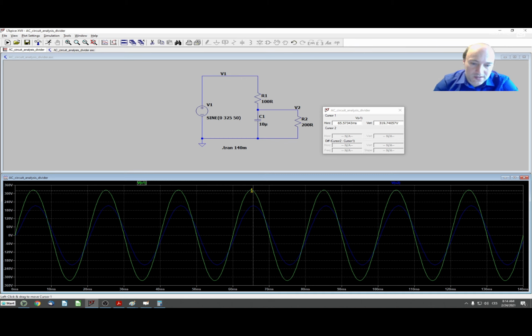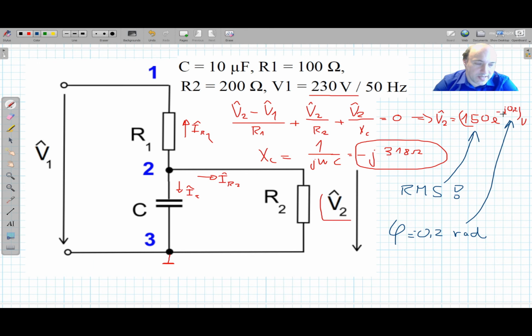For V1 we have a peak approximately at this time, so 65.16, and from the time difference we can calculate what is the phase shift. Remember that one period of my signal is 360 degrees, so you take the 20 milliseconds as 360 degrees, and from this you will be able to calculate the phase difference. And this should correspond again to this phase angle minus 0.2 radians.